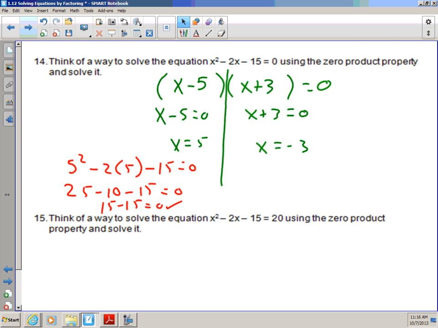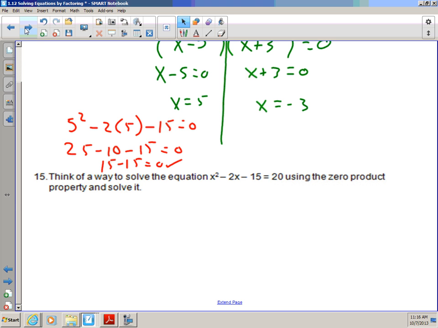Now, would it work here to factor and leave it equal to 20? Hopefully you should be saying to yourself right now, no, this is not set up for the zero product property. But can we set it up? Yes. By doing what? Subtracting 20 from both sides.